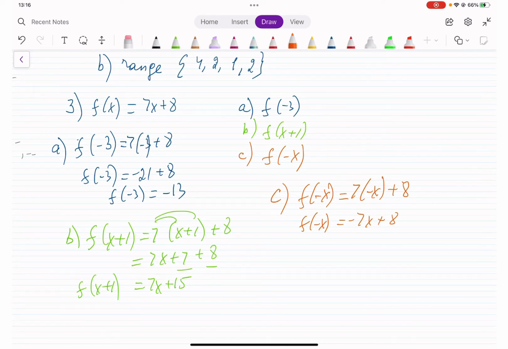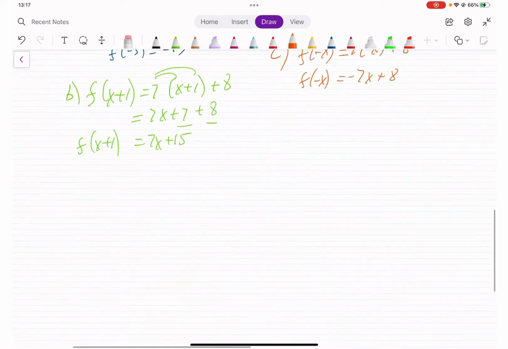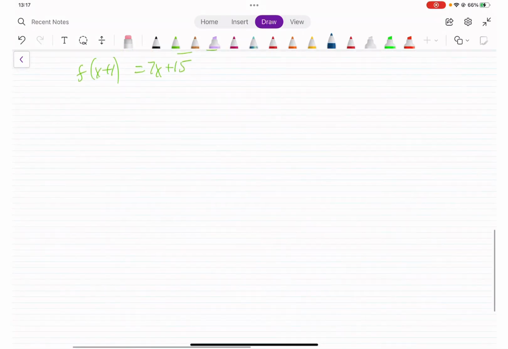Okay, moving to question number 4. So we have f of x equals x squared plus 6x minus 5 minus 6.